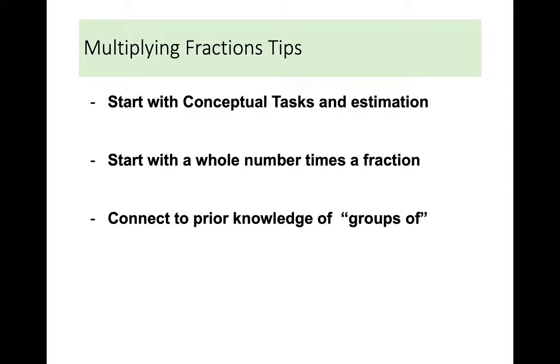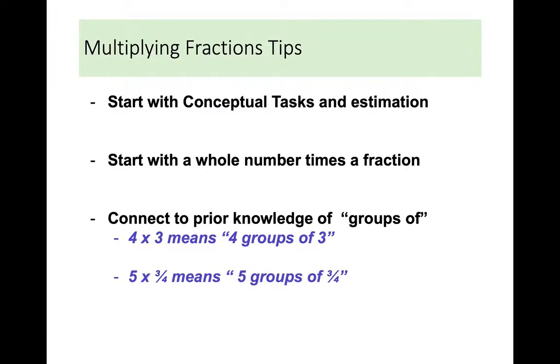For example, in the past, when we saw something like 4 times 3, we could visualize that in our head as realizing it's 4 groups of 3 and draw it out and think about the meaning of 4 times 3. Well, when multiplying a whole number times a fraction, it's really the same meaning, right? 5 times 3/4 would just mean 5 groups of 3/4. So if we can picture what 3/4 of something would look like, we have 5 of those, and that's what we're going to try and see how much we have all together.